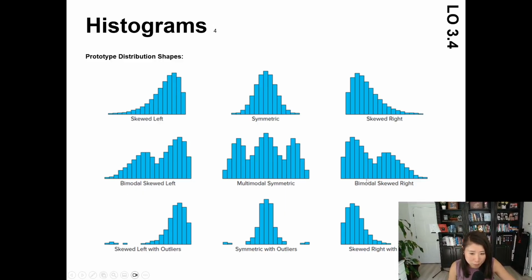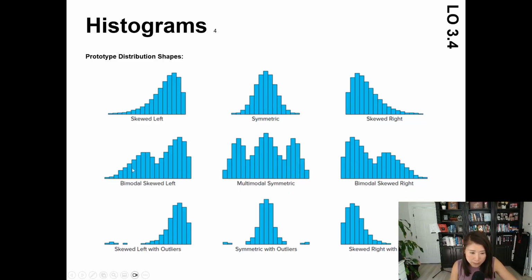But for the second row here, although this one is skewed, with the tail towards the left, we see two peaks. When you have more than one peak, we give different names. When you have two peaks, we call it bimodal. And if you have more than two peaks, we call it multimodal.